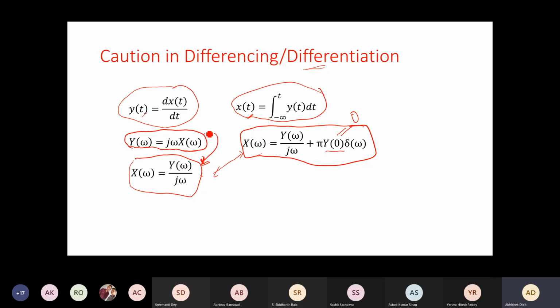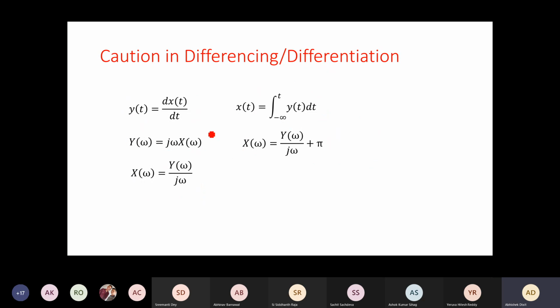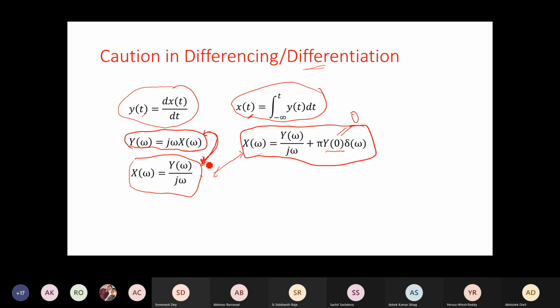So we cannot go from here to here. The message is we cannot go from here to here if x(t) has a DC value. Because if x(t) has a DC value, that means what? Sir, it will get omitted when we differentiate.